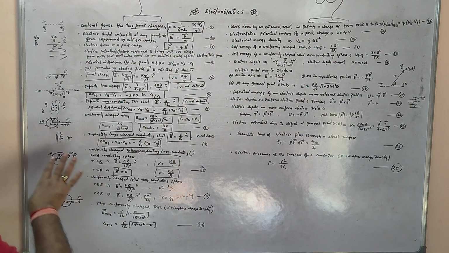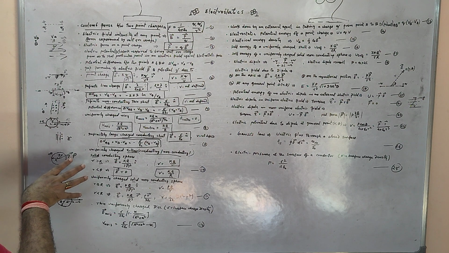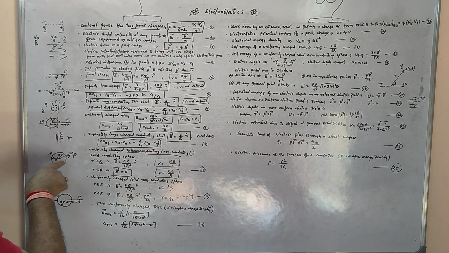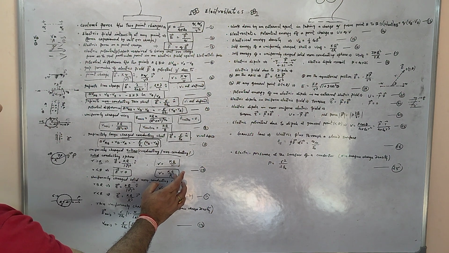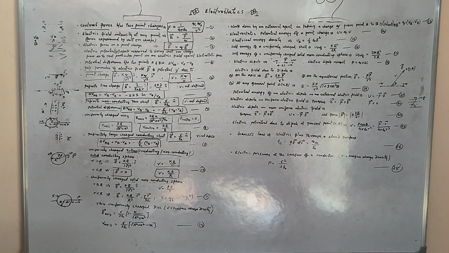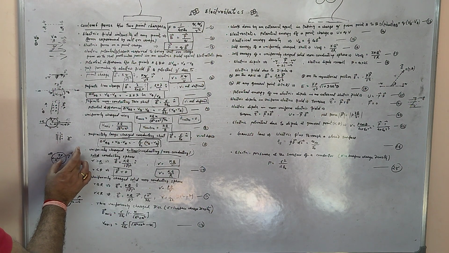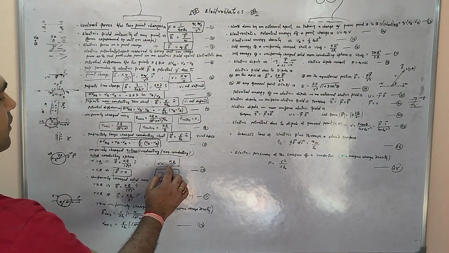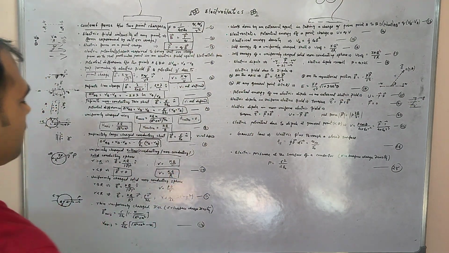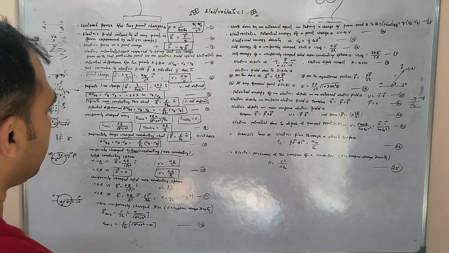So potential at surface and at any point inside the sphere in all the three cases will be the same. It will only vary with r if r is greater than capital R, that is bigger than radius.